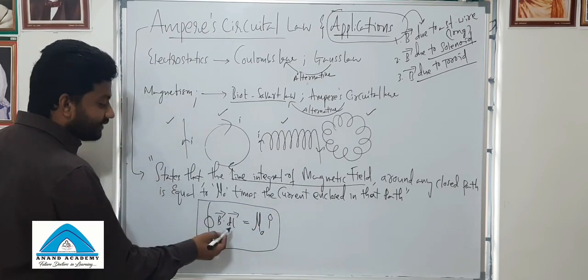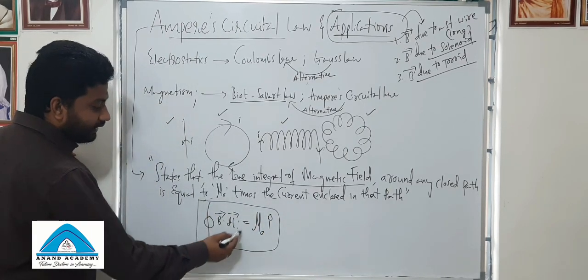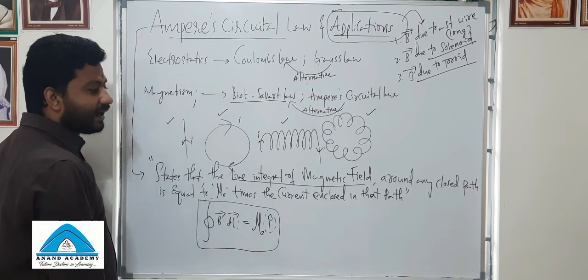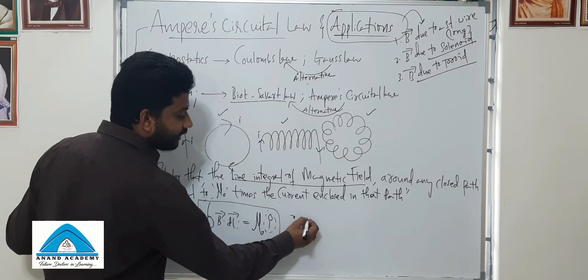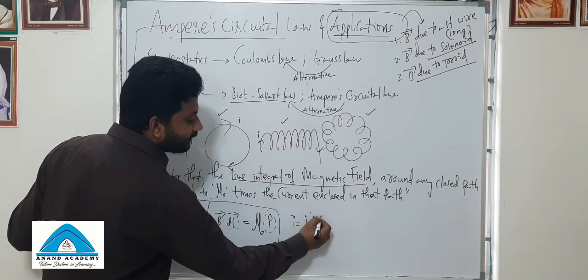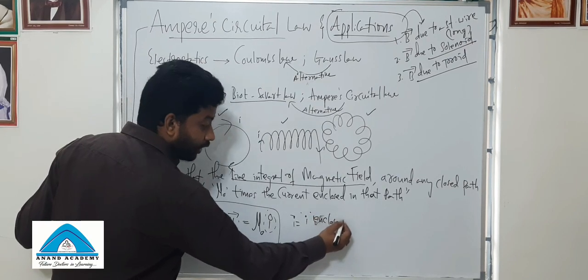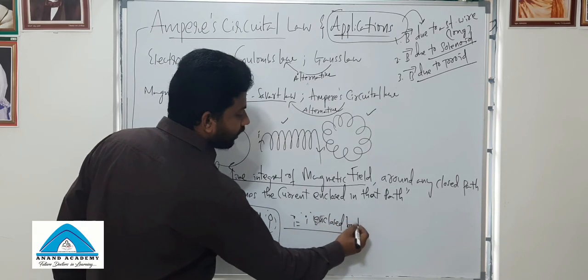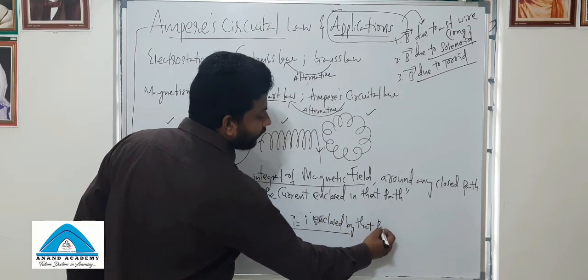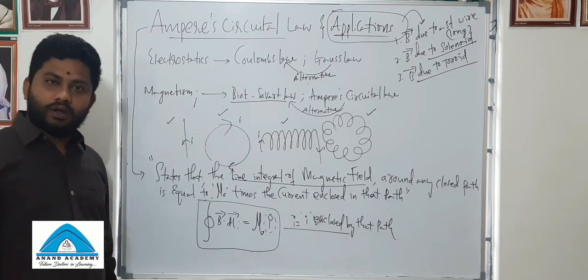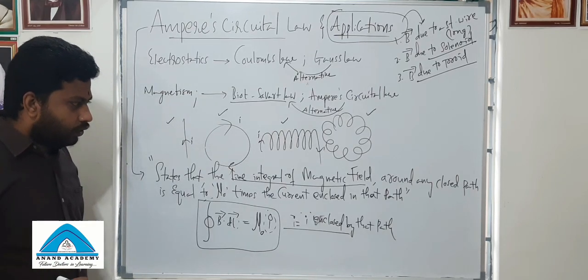So this is the line integral of magnetic field, and I is the current enclosed in that path, or current enclosed by that path. So that's important. Current enclosed by that path. Okay. Clear? Now, look at the interesting thing.